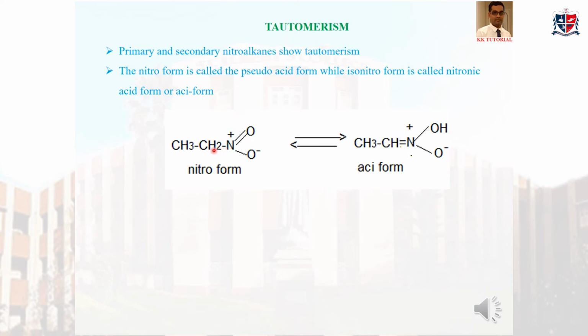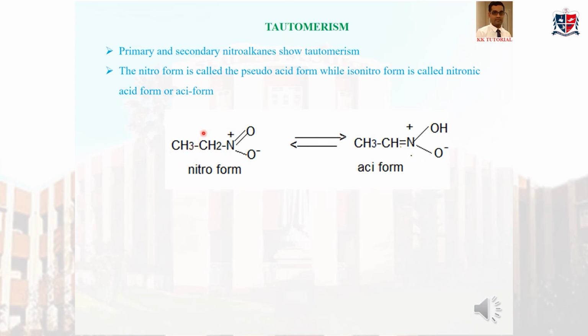That means the electron pair comes between this C and N. So this bond becomes a double bond. This double bond will not stay here. It will go here so that it becomes O minus. So that O minus receives that H plus. So it becomes OH. So there is only a redistribution of protons and electrons. There is no change in the carbon skeleton.